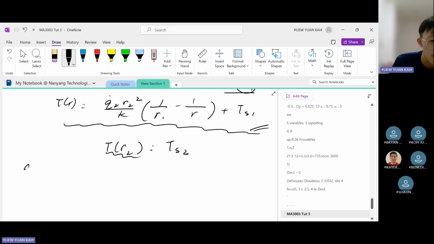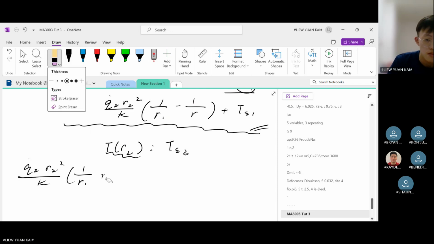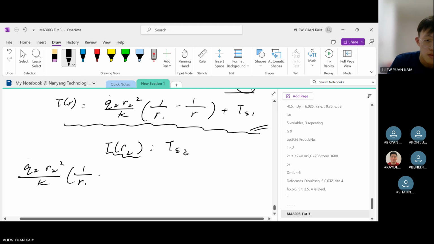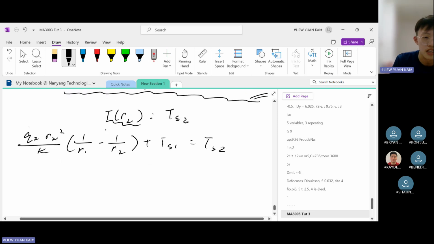Okay, so let's just copy it down, except now r is R2. And now we're going to substitute in all the known values and then find Q2.